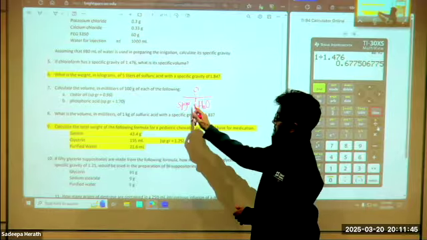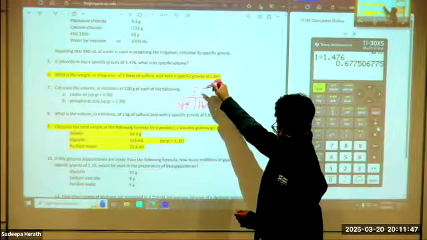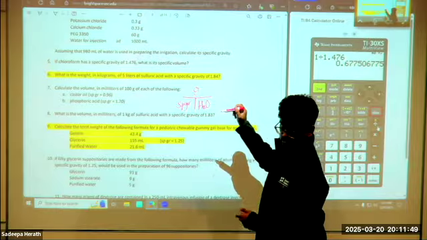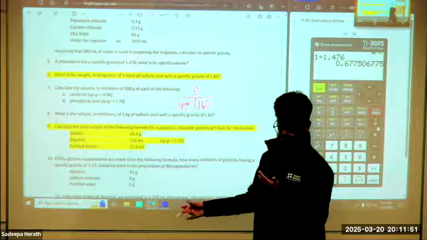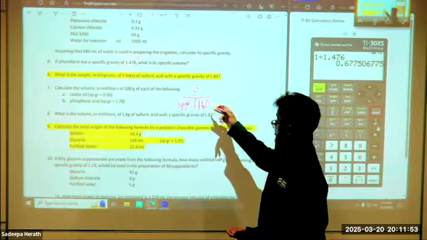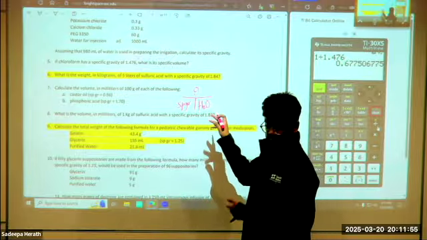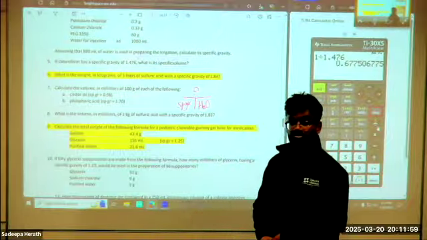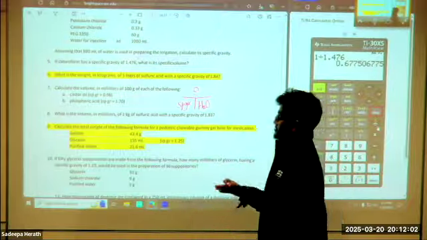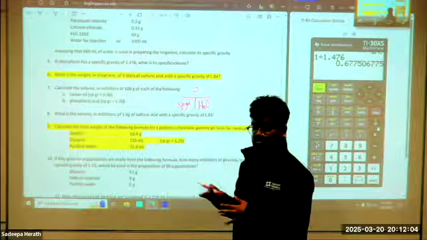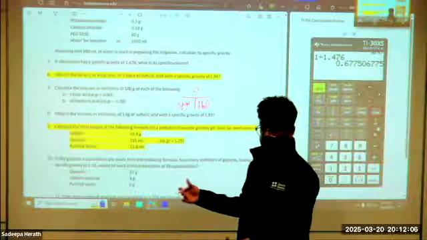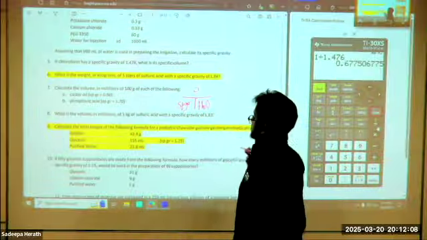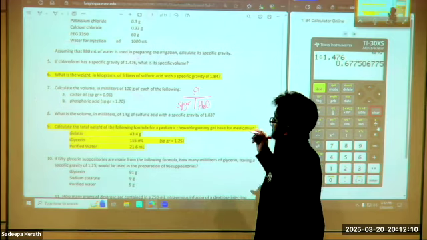If we're solving for a specific gravity, it's grams over H2O. Pretty cool, right? Or for the volume of our other substance, grams over specific gravity. You still need to have that conceptual mindset, but it helps in terms of visualizing it.